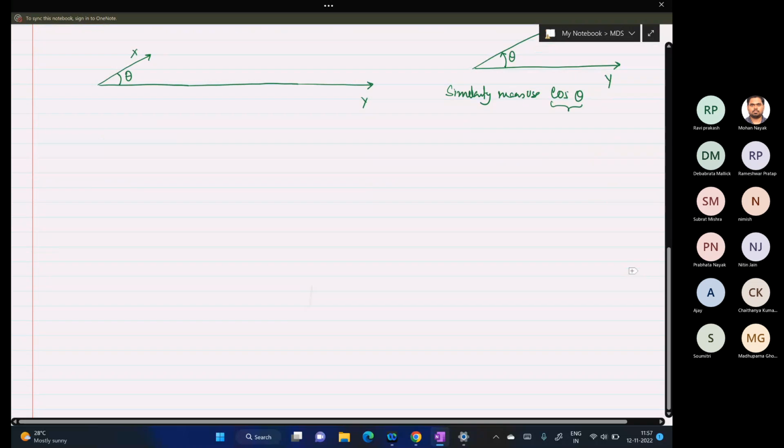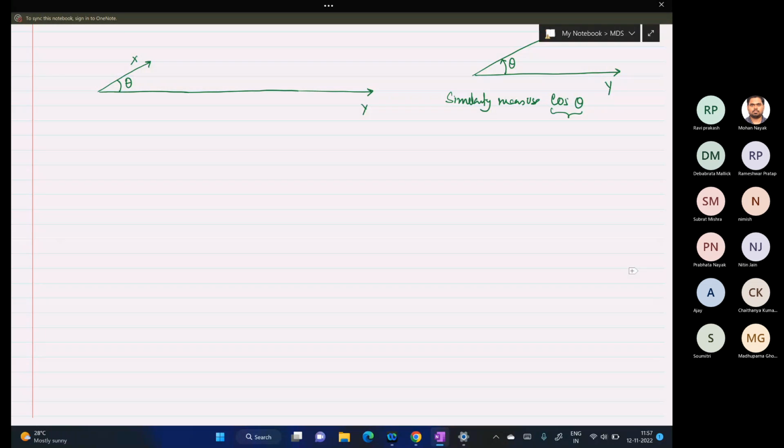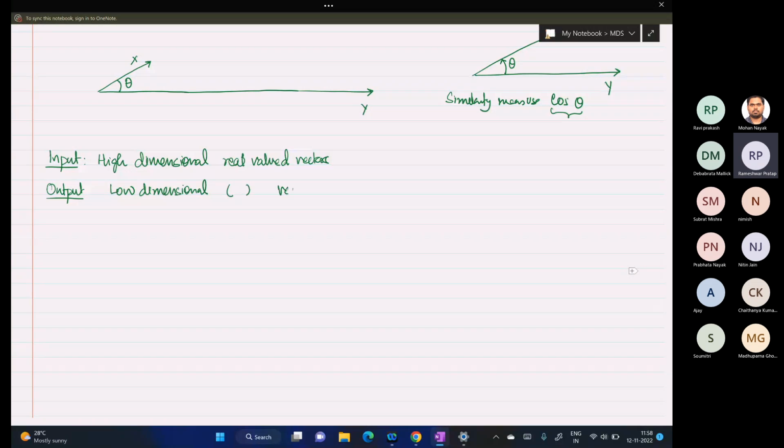Okay, so we'll see this algorithm that takes as input high dimensional real valued vectors and outputs low dimensional vectors that approximate cosine or angular similarity.